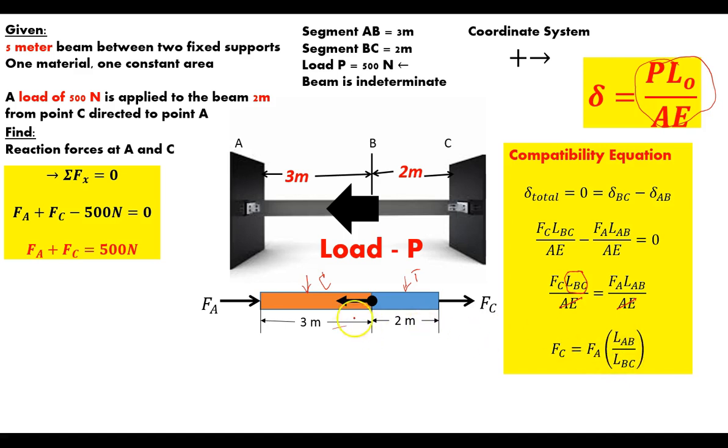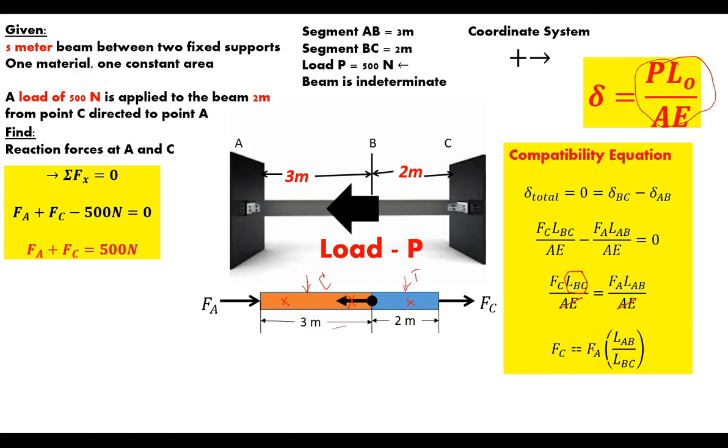Now that's interesting, because if we had moved this load P, say at 1 meter from A, or we could have had it at the 2.5 meter mark, 50%, that ratio would change.